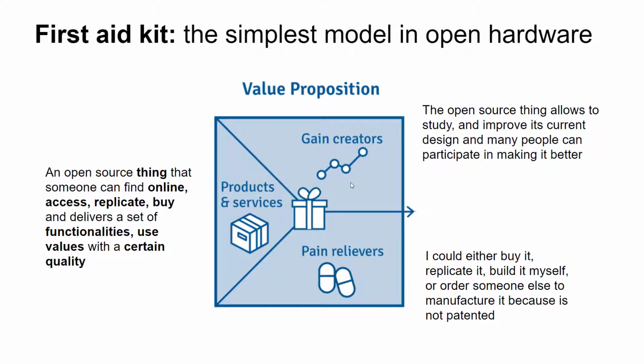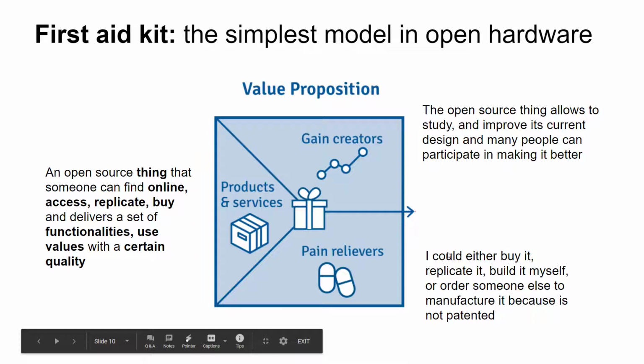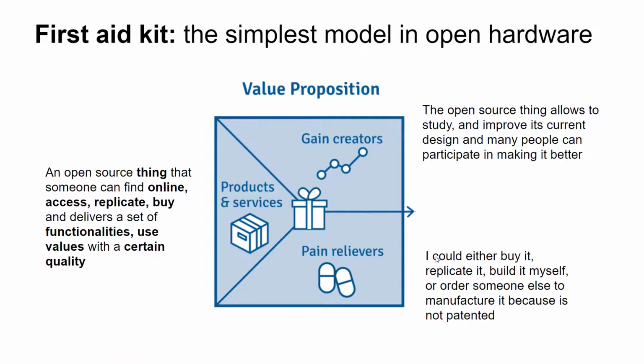So why is it important? Because people have different options. They can either buy the product, or they can just buy the components, or they can do almost everything from scratch. And that is really useful for different contexts. So some people might want to just buy it. Some people don't have the money to buy everything, so they go for replication, or they want to design something new.